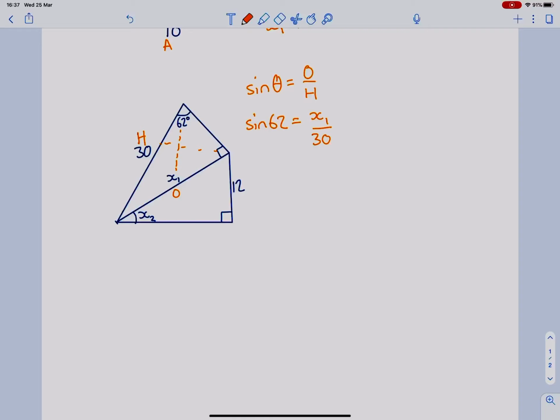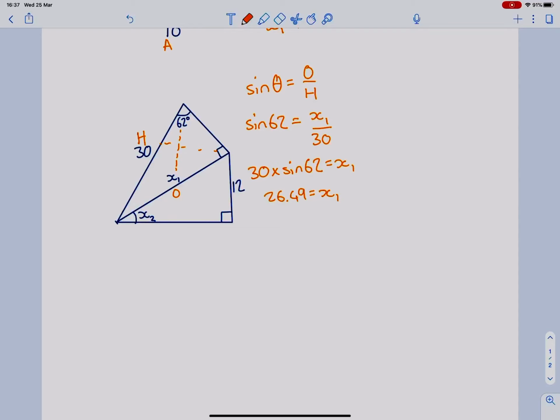So this one is the easier type. The 30 becomes a times on the other side, or times both sides by 30. So you get 30 times sine 62 equals x1. So 30 times sine 62 gives you an answer of 26.49. That's x1, it's 26.49.